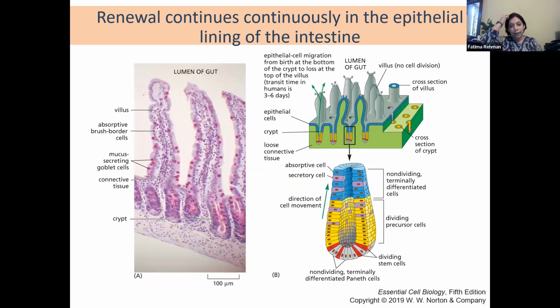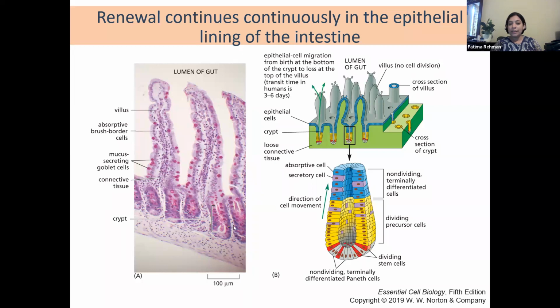So looking again at an epithelial sheet, in this case you're looking at the epithelial lining of the intestine. Remember, you have those microvilli in there, and you have these sheets of cells. If you look at this particular structure, you have the crypt, which is where a lot of these stem cells are, down here at the bottom of the crypt.